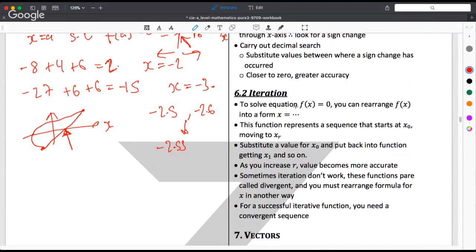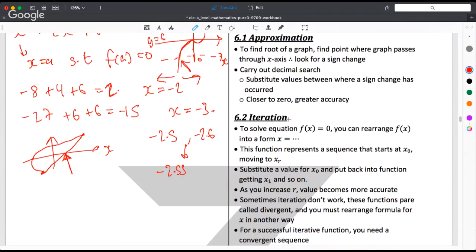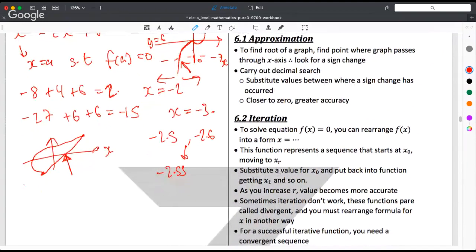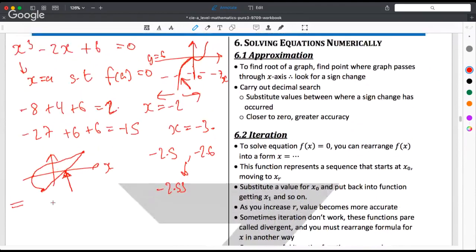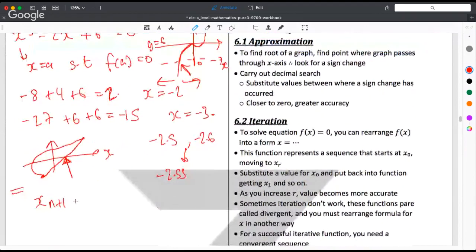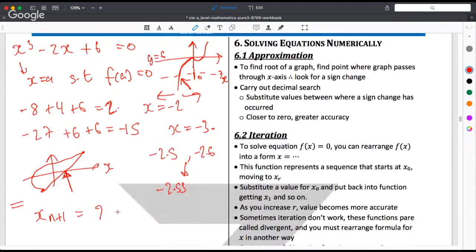Okay, another way of doing it is iteration, right? So we started with this equation, and for some equations it doesn't work, but potentially there could be an iterative formula such that x(n+1) equals the cube root of 2x(n) minus 6.